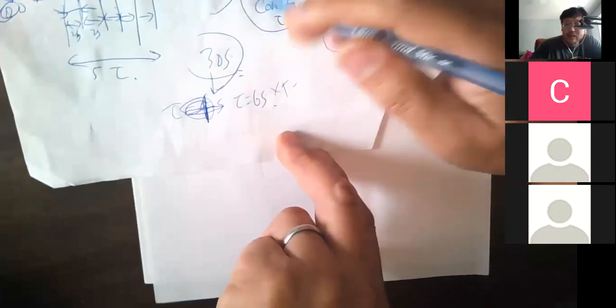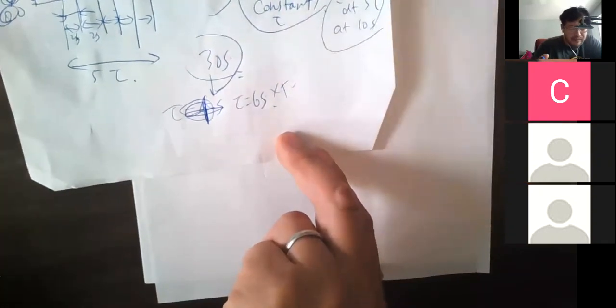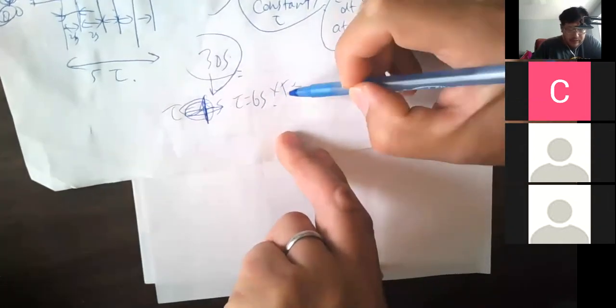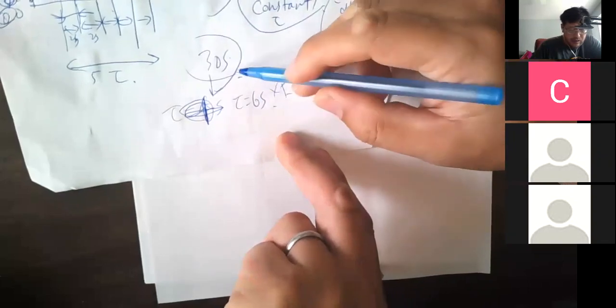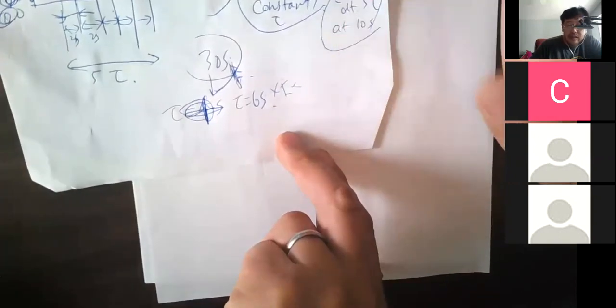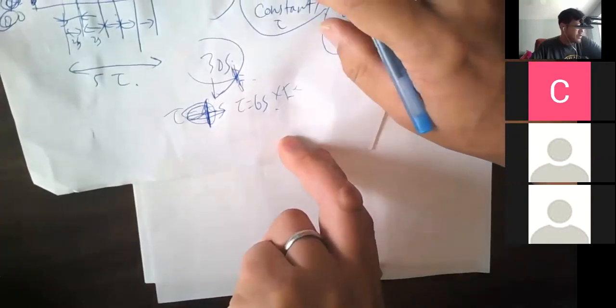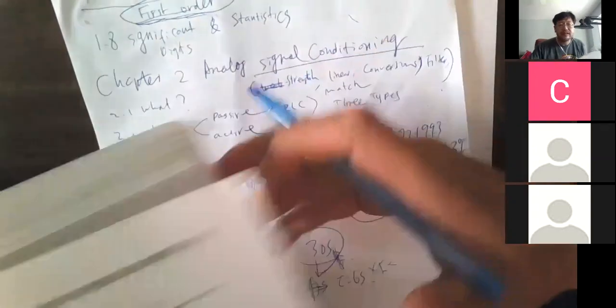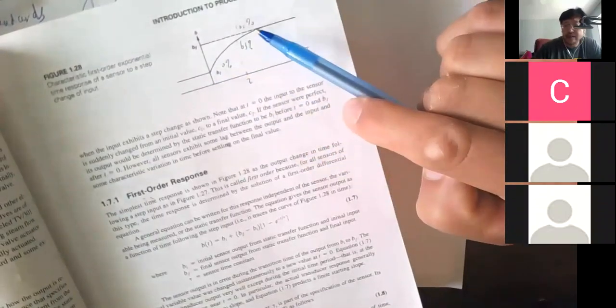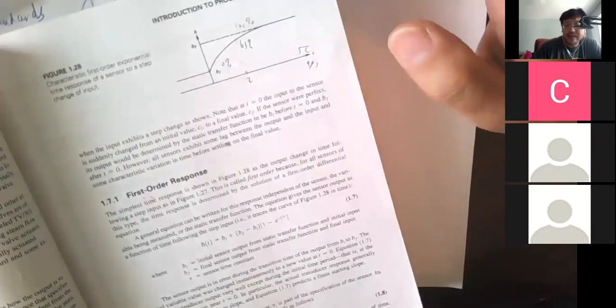So as long as you hold your sensor for 5 tau, in this case 5 multiplied by tau equals 30 seconds, your reading will be accurate enough. So that is our first topic, the sensor time response. You have to wait 5 tau for your sensor reading to be accurate enough.